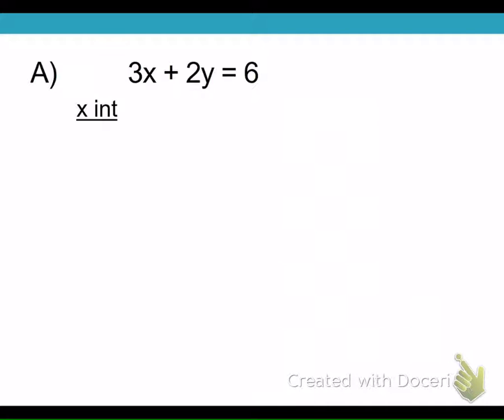So here's our first equation, 3x plus 2y equals 6. When I'm finding the x-intercept, I'm going to plug in what I know the y value has to be. What does the y value have to be if you're on the x-axis? 0. So we're going to plug a 0 in for the y.